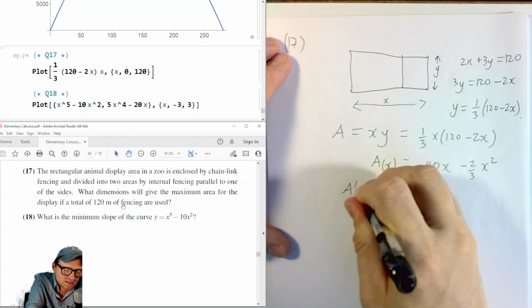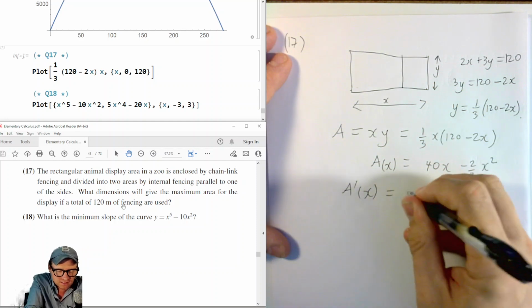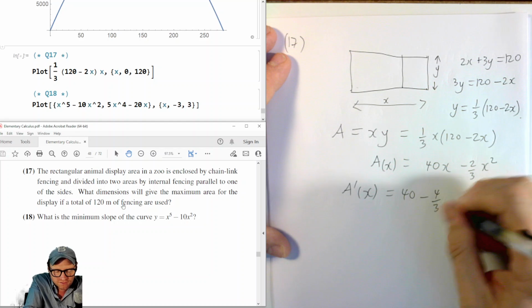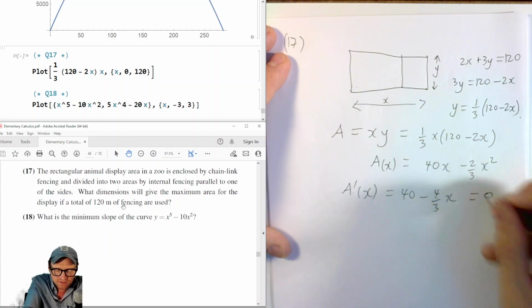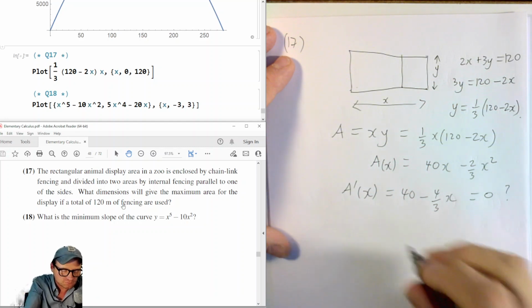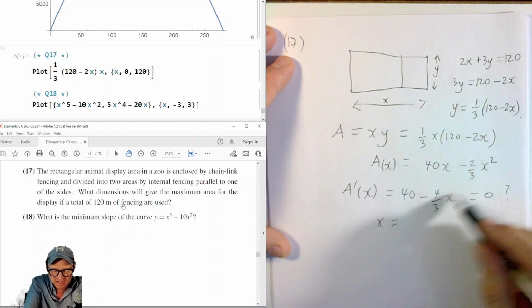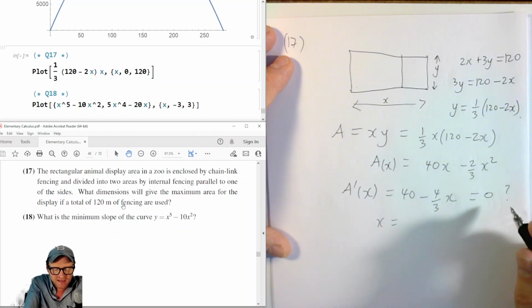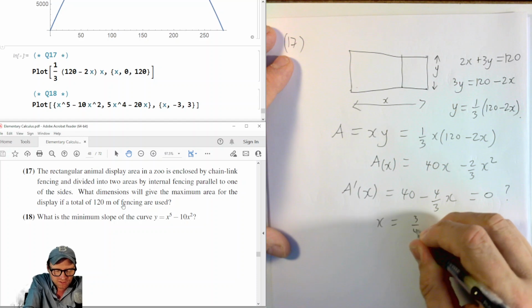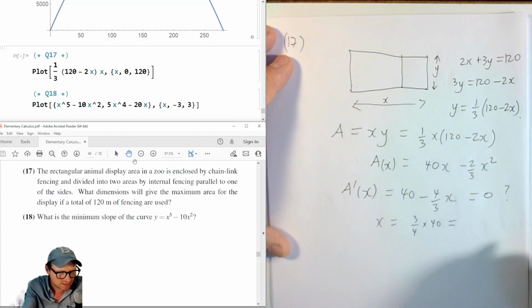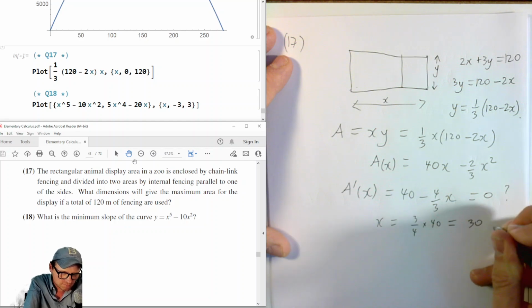Differentiating this, A dash of x is 40 minus 4 over 3 times x. When is this 0? Taking the 4/3 x over to the right hand side and then dividing by that, we get 3/4 times 40, and so this is 30.